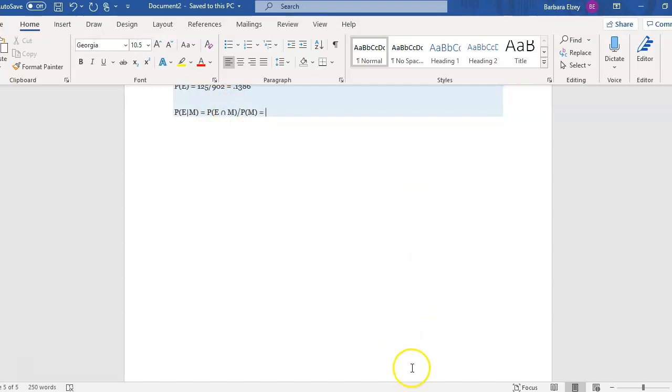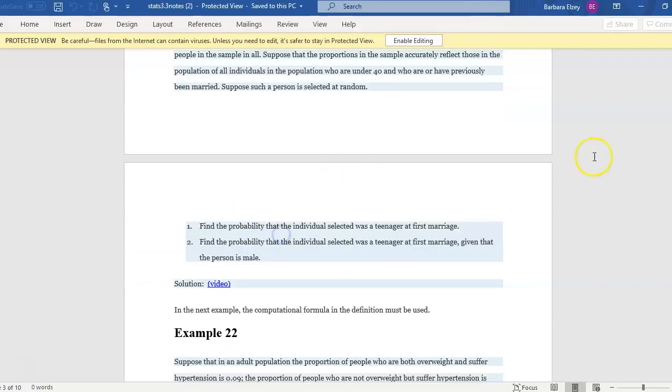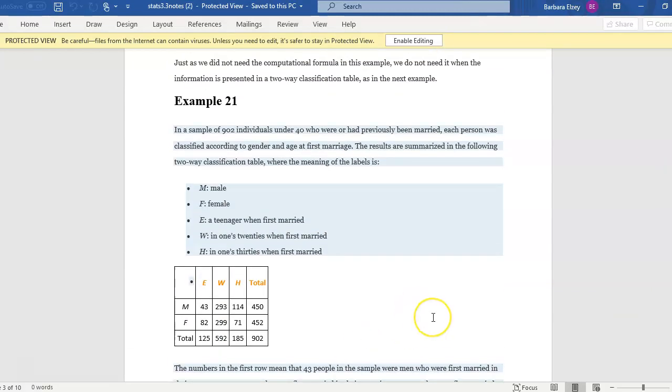All right, so if we look back at our contingency table, the probability they were both a teenager when they were first married and they were male: let's notice that the E and the M overlap right here. There are 43 people who were both male and a teenager when they first married. So that's 43 out of 902.